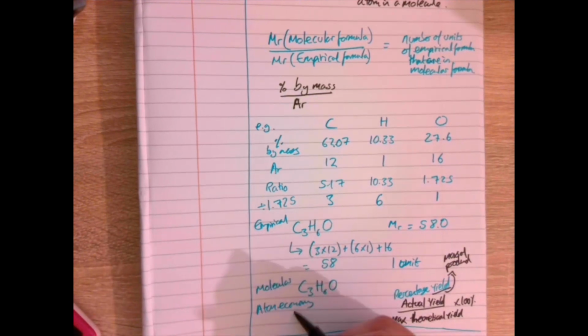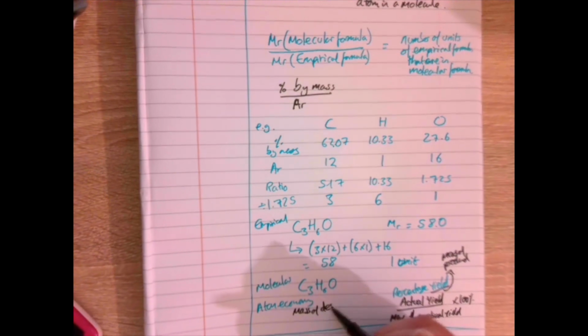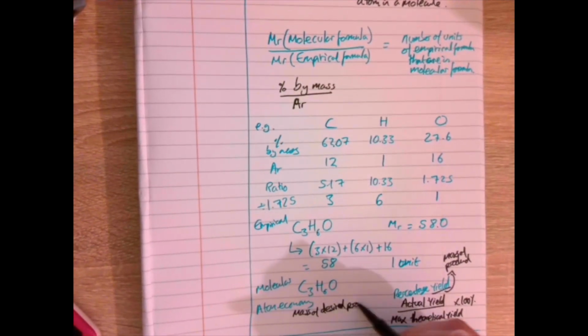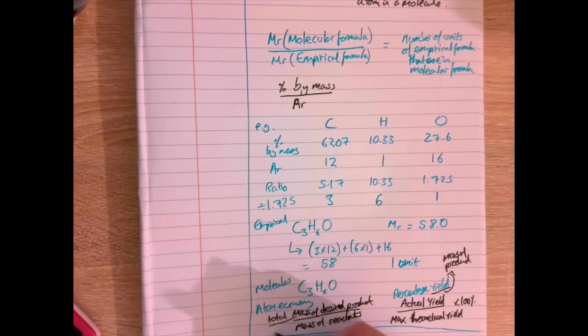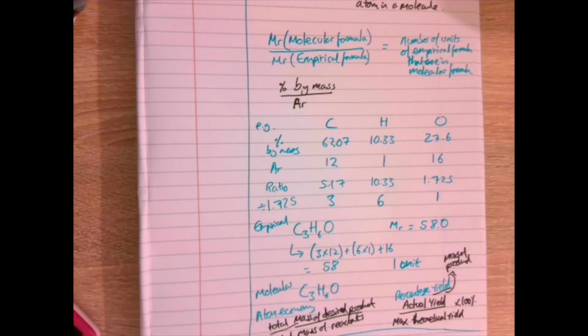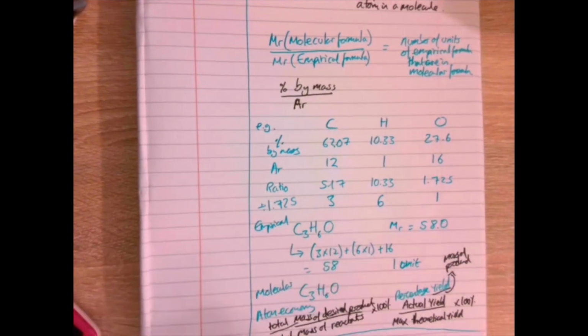So it's our mass of desired product over our mass of reactants, and I'm going to add this word here, total mass, because often we forget to include our stoichiometric coefficients when we're working these out. And again, this is given as a percentage, so times by 100%.